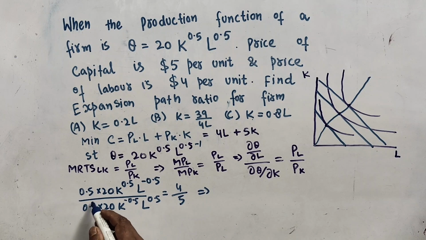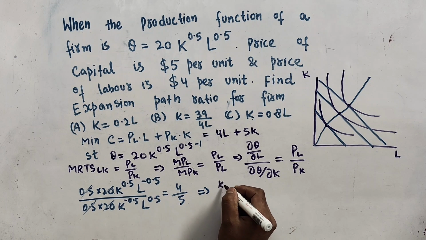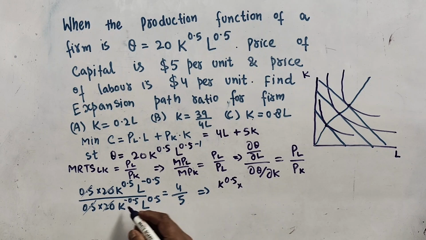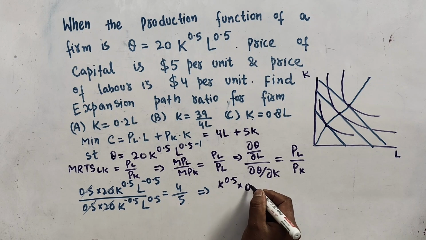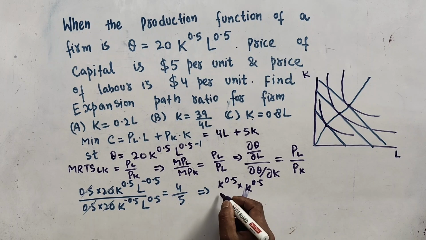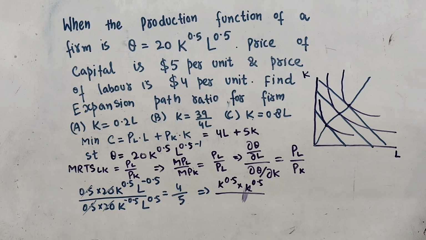Okay, so the 0.5 gets cancelled. Transpose it here, it becomes K to the power plus 0.5. The exponent sign changes when we transpose from numerator to denominator or vice versa.